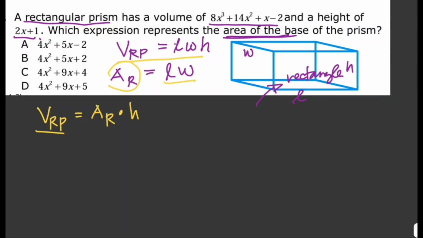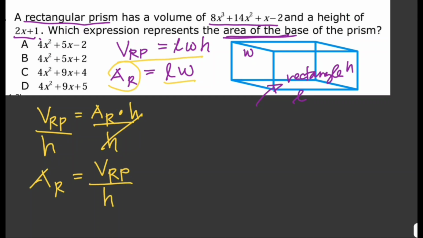Now deriving this, we divide both sides by the height. This cancels out. Therefore, to solve for the area of the rectangle, or the base of the rectangular prism, is just equal to the volume of the rectangular prism divided by the height. And then we can plug in the given values. The given values here are in a rational form, because we're going to divide this one with this one.